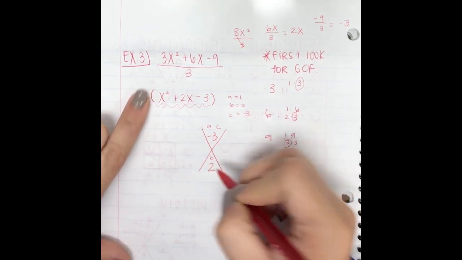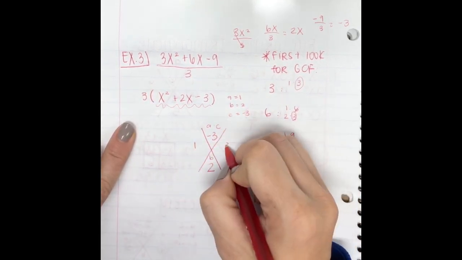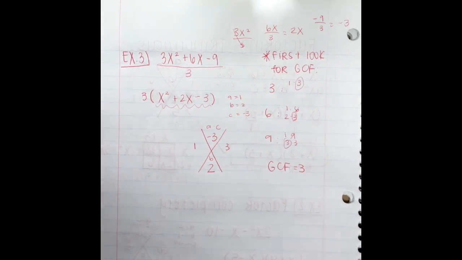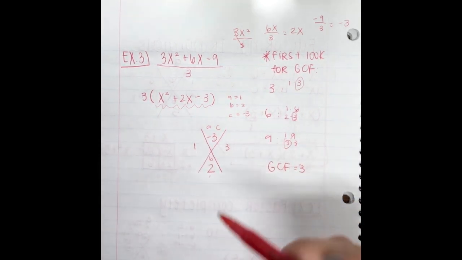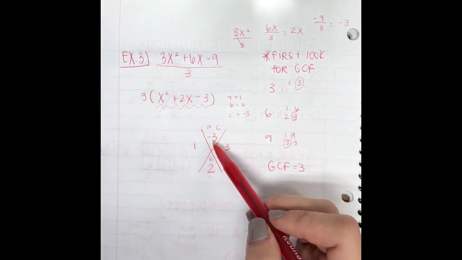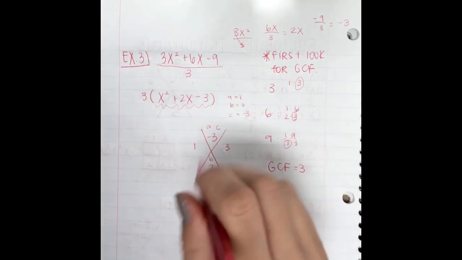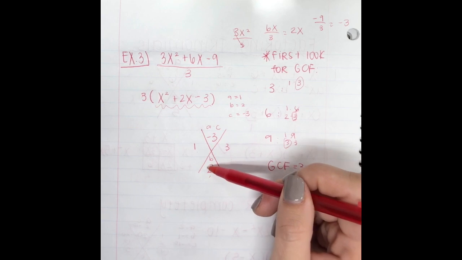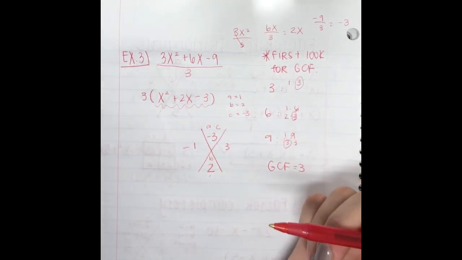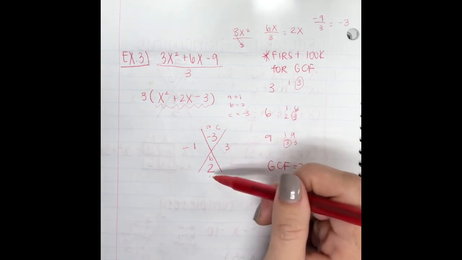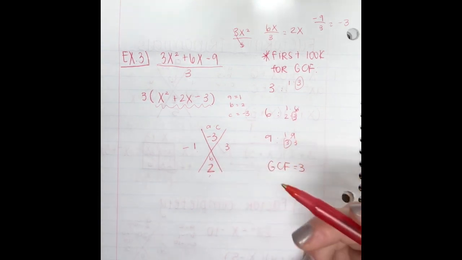And then our b is 2. The only thing that multiplies to give you 3 is 1 times 3, right? But how can we make them add up to equal a positive 2 and multiply to be a negative 3? Well, one would have to be negative. If our answer is going to stay positive, then our smaller number is the one that's going to be negative. Our larger number needs to be positive to keep it positive.